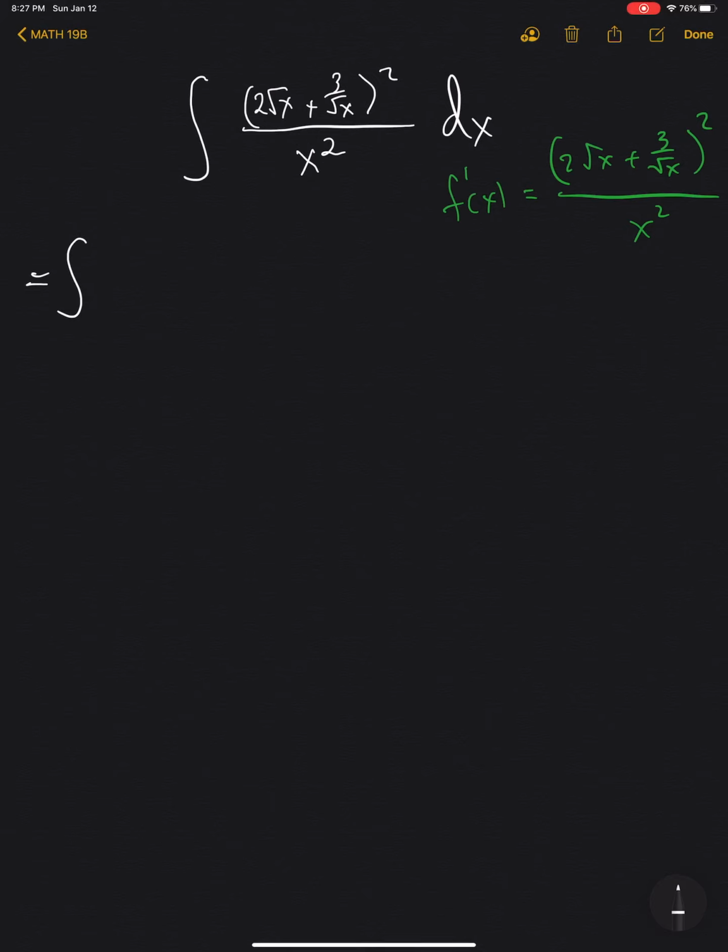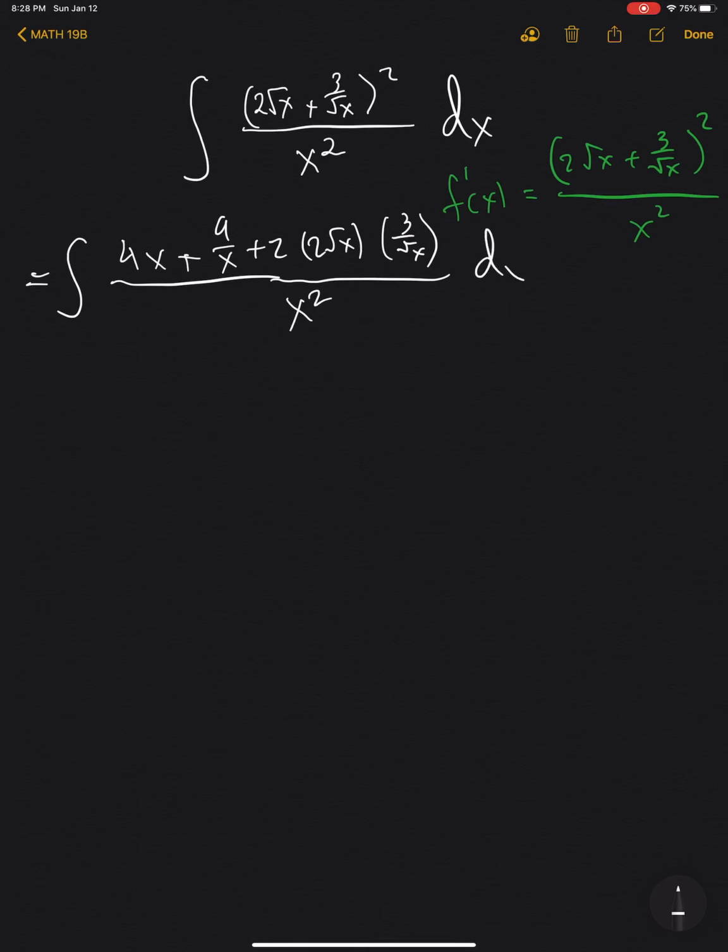So this will give me 4x plus 9 over x plus 2 times 2 square root of x times 3 over square root of x. That is just expanding the square, divided by x squared, dx. Again, what I did here was nothing else but (a plus b) squared equals a squared plus b squared plus 2 times ab.